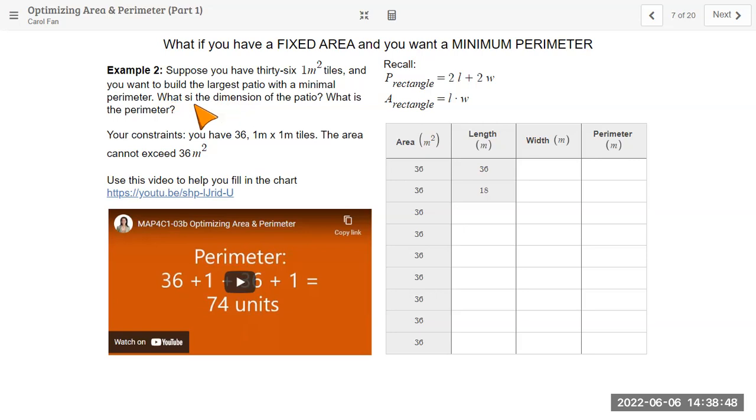What is the dimension of the patio and what's the perimeter? So the constraints that you have is that you've got only 36 of these tiles. And so because you've got 36 of these tiles, the maximum area you could have is 36 meters squared. Okay, let's watch the video here to illustrate that.